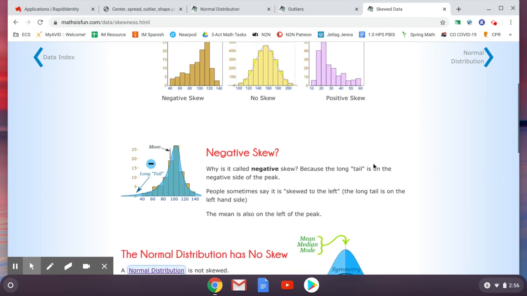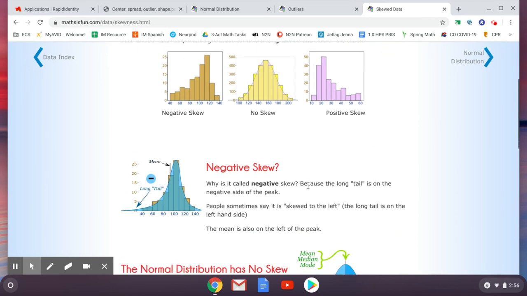All right. So when we're talking about the skew, we're talking about this sort of tail, right? So we've got the mean of the data right here. And the tail is kind of over here, skewed to the left. So that's what we might say when it's skewed to the left. It has a negative skew, and there is more data on this side of the mean.